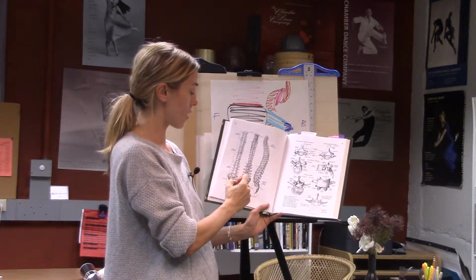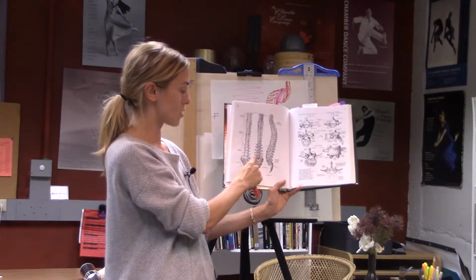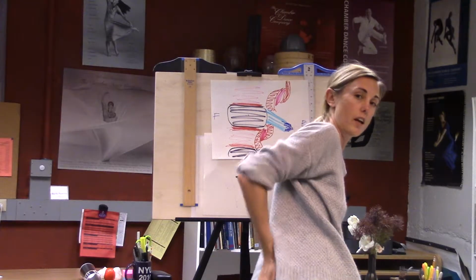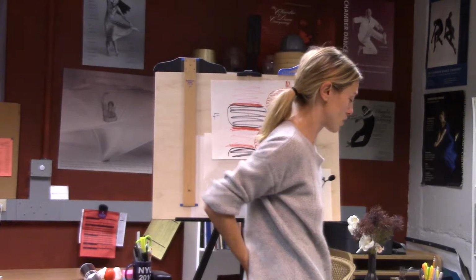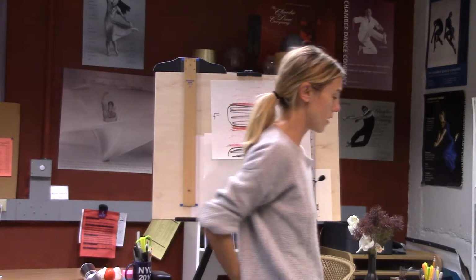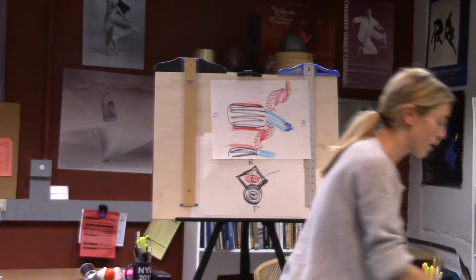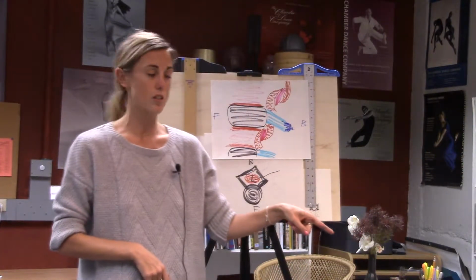So once we get down to the sacrum, which is this triangle-shaped bone that you can feel right here, this sort of plateau at the base of your spine, it used to be 5 vertebrae. You can see in the pictures, and we're going to have a whole class on the sacrum, so don't worry too much about it.